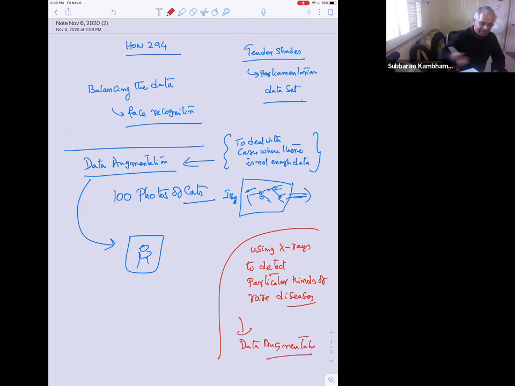Now, this is a circular way to get to the point that I'm trying to get to, which is that sometimes when you do data augmentation, it's not completely clear whether you have changed the data.